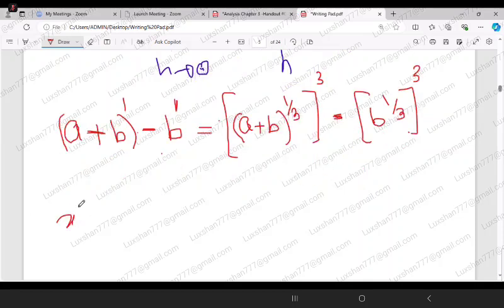Say for an example, x cube minus y cube. What is the factorization of x cube minus y cube? I'm waiting for your responses, please.